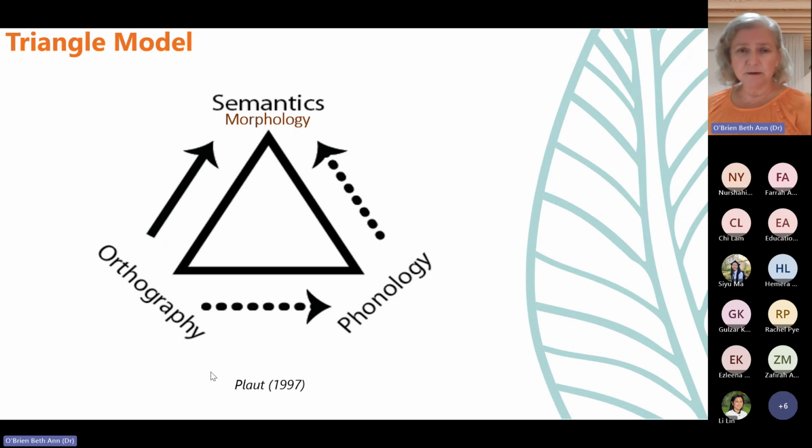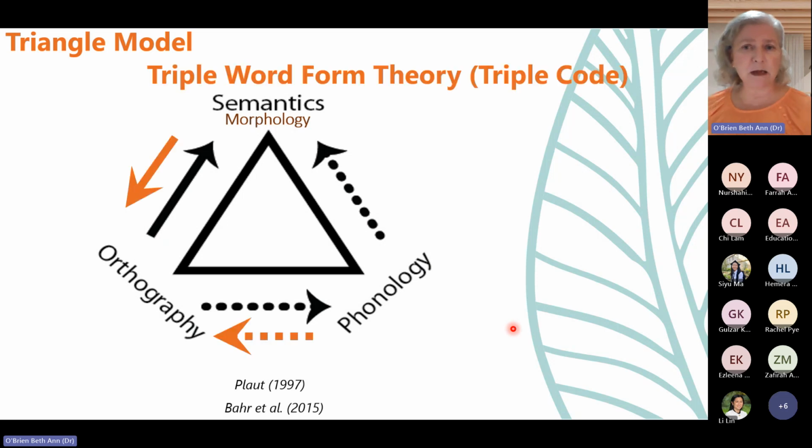And so if we consider this type of model, the triangle model, in terms of spelling, we can use a similar representation, although the direction of the linkages are going to go in the opposite direction. So here we want to go from speech to print, so sounding out a word and printing it out, or just knowing or memorizing how it's spelled directly from its meaning.